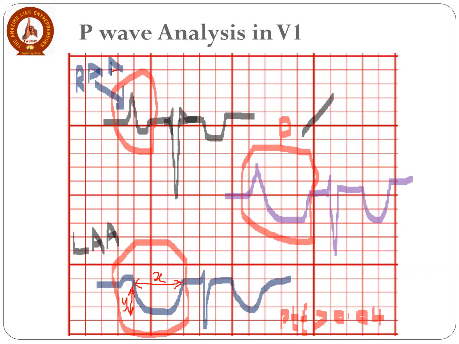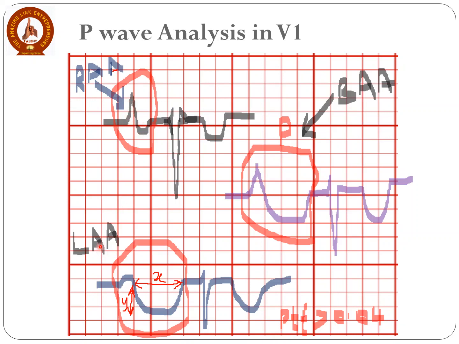The changes here are biatrial abnormality. So in summary, we have examined right atrial abnormality in V1, which is characterized by peaking of the first positive deflection of the biphasic P wave.